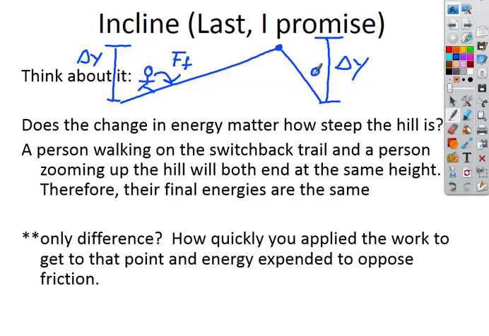While this person trying to zoom up the steep slope has a much shorter distance up the slope. Now I'm looking at the distance actually along the slope. There'll be less force of friction being applied over a smaller distance. Actually, sorry, we could have the same amount of force of friction, but over a smaller distance, so less work being done on the person. So, I know it's confusing. We have to pay attention to what they're referring to, what the work is being done on, and then answer the question from there.